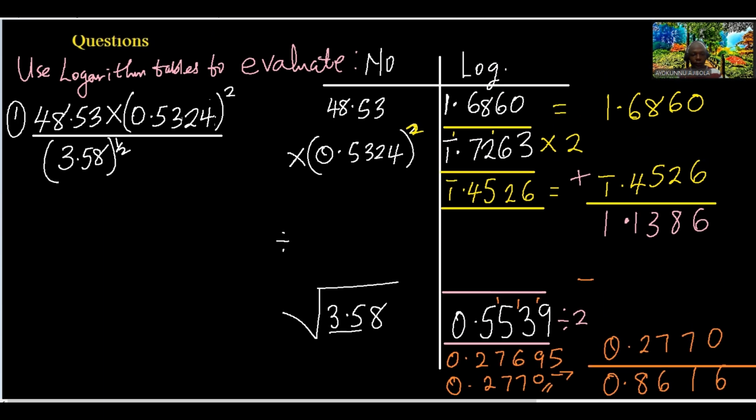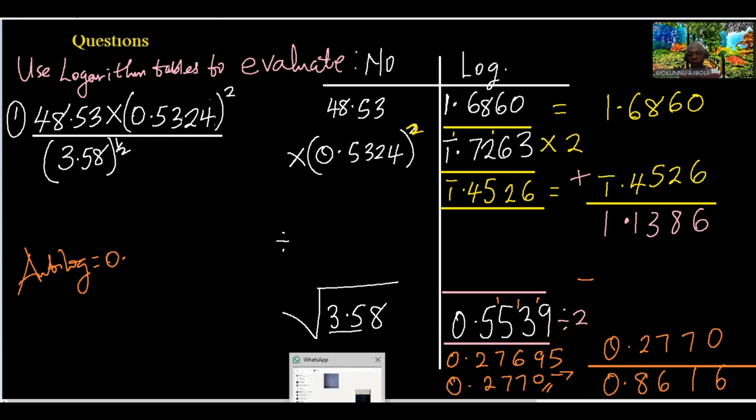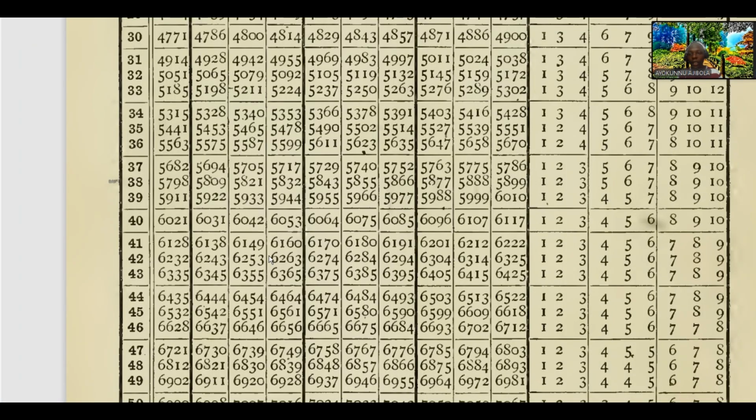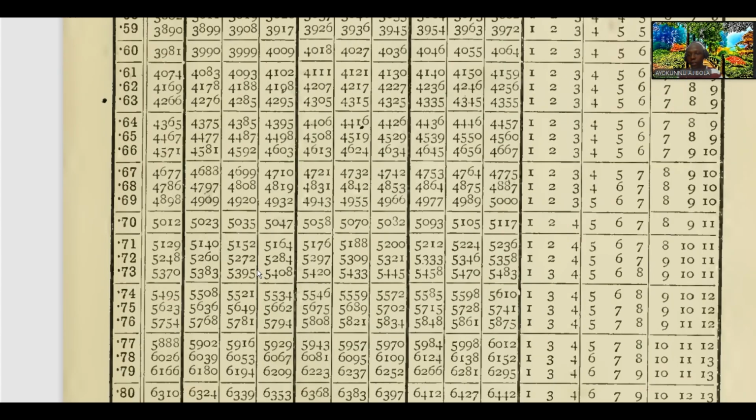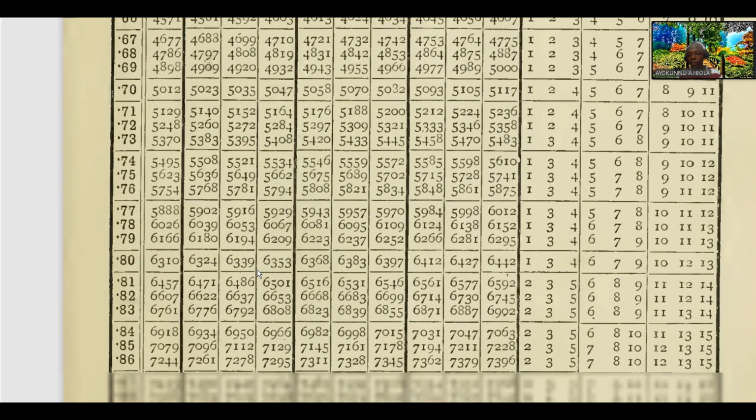So to check, the antilog will give us 0 point whatever. So we're going to check antilog 86 under 1, difference 6. Antilog, now down to the next page. 86 is at the bottom here, under 1, difference 8.